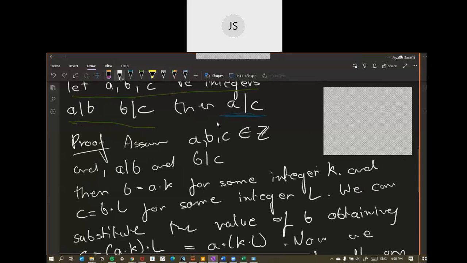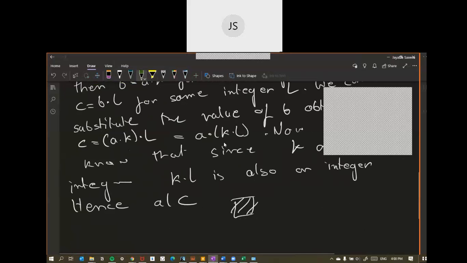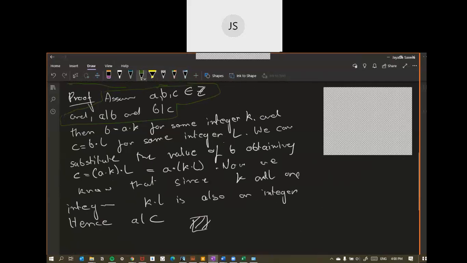Again, we took our assumption. This part was our assumption. And then we did some argumentation. Over here, this is our argumentation.